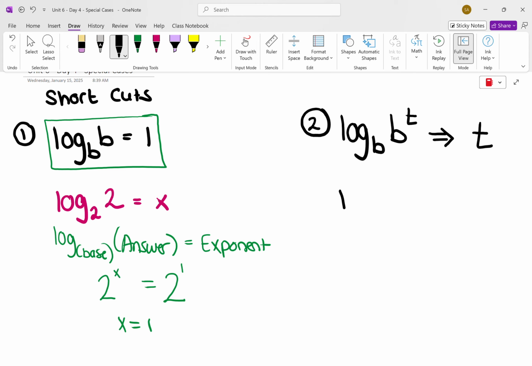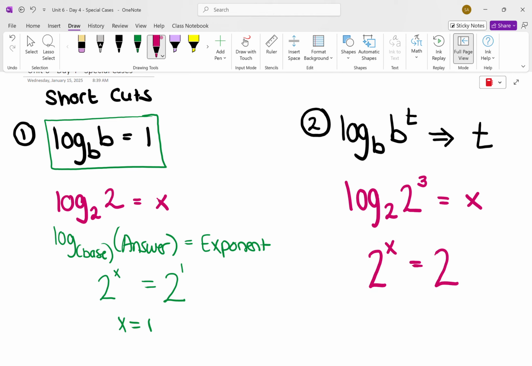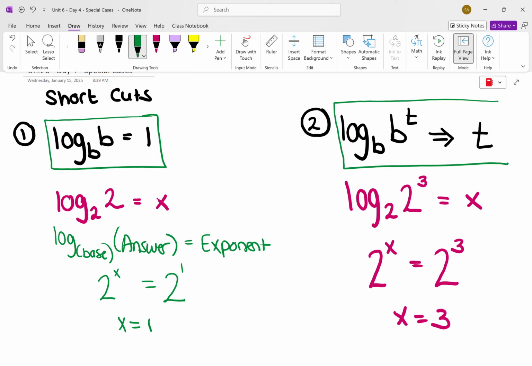Let's say I have log base 2 of 2 to the third power equals x. So this is saying 2 to what power equals 2 to the third? Well, wouldn't x have to equal 3? So again, anytime the base of your log is the same as the base of your argument, it will simplify down to the exponent on the argument.